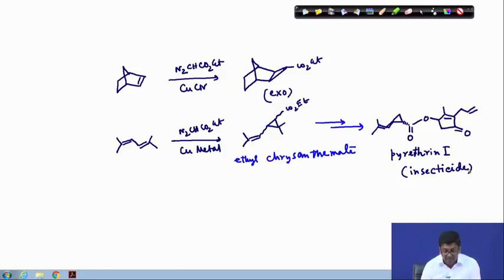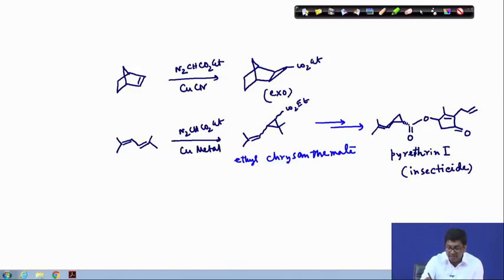So, in this way the diene can react with the metallocarbene and give this monocyclopropane, and this fragment has been used for further total synthesis.